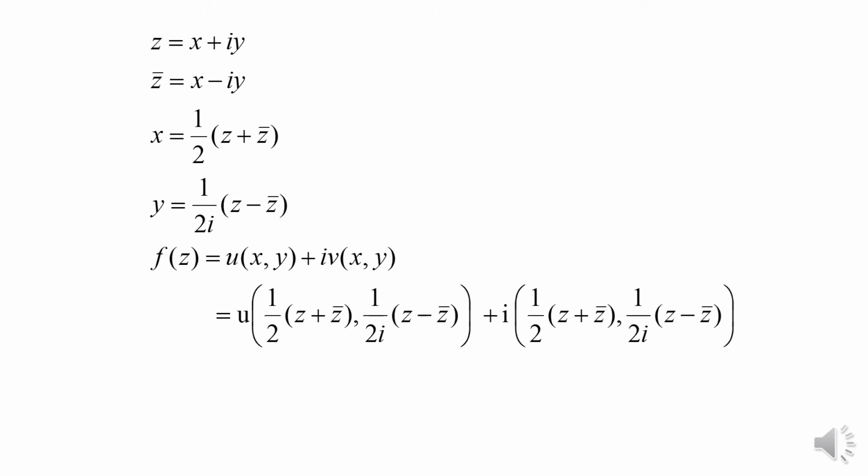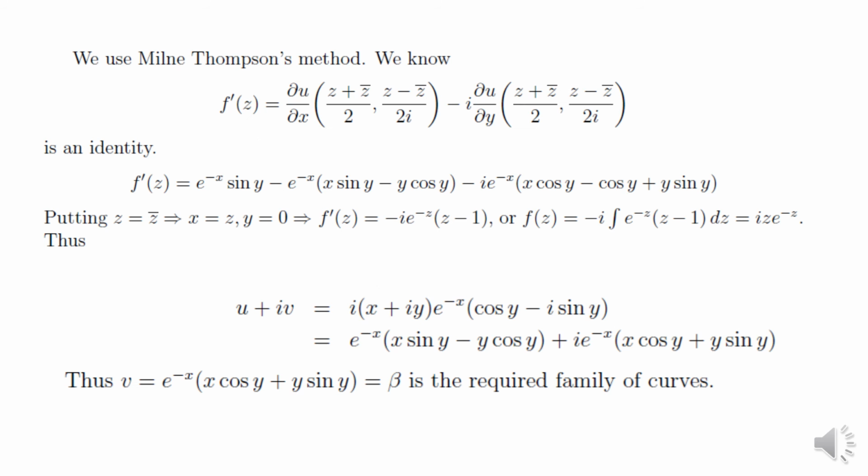So when we put in f(z), which is u(x,y) plus iv(x,y), we put the value of x as 1 by 2 (z plus z bar), and y as 1 upon 2i (z minus z bar), plus iv. Here v will be there, and v is also a function of x and y.